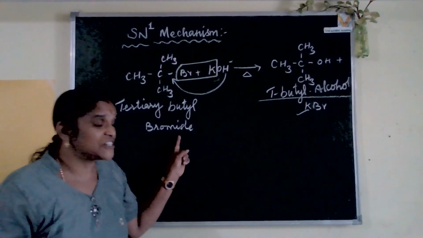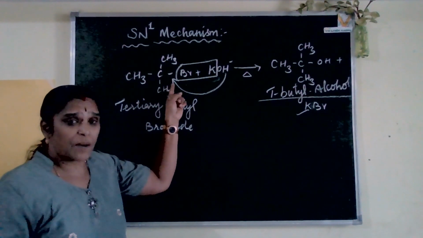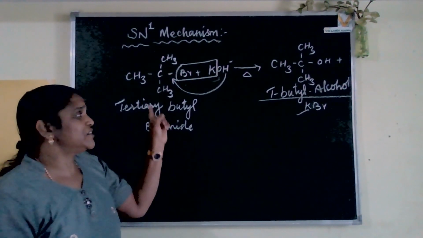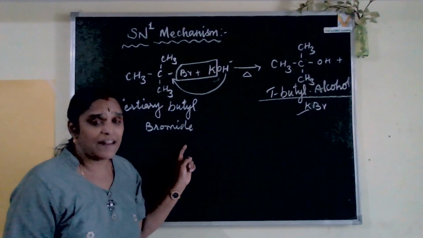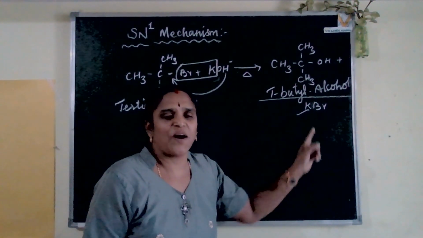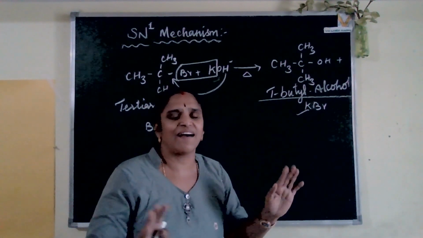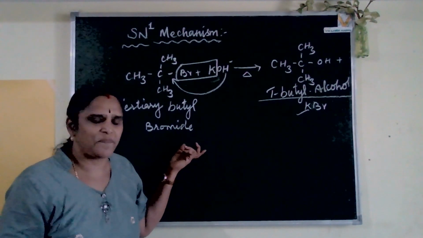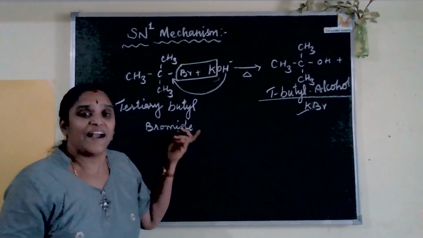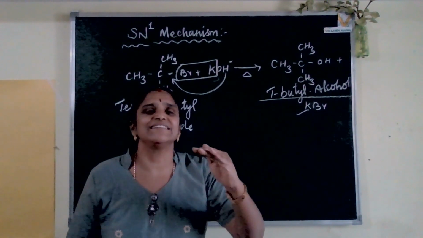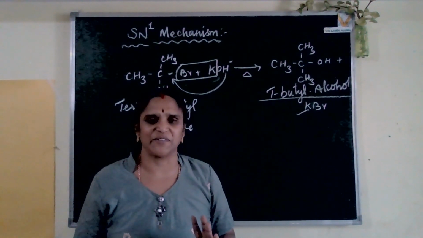That is tertiary, that means one carbon is attached with three bulky groups. The tertiary butyl halide combined with aqueous potassium hydroxide, you are getting tertiary butyl alcohol. This is a simple reaction for the SN1 reaction. Now we are going to see how the reaction takes place in a stepwise progress.